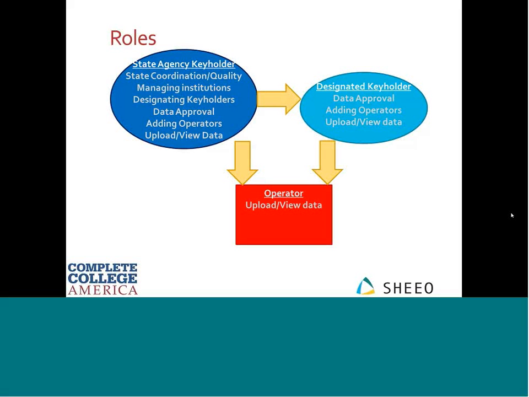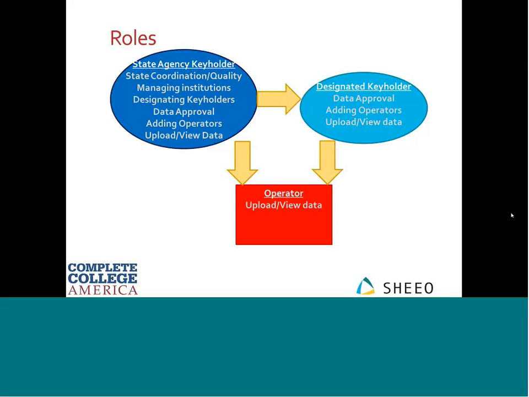So you will be able to designate somebody in your state who can approve the data for your state, who can add new operators, and who can upload and view data just as an operator can. And this designated key holder could have state level ability, or they could just have institutional level access to the data. We give you the ability to make those decisions in the new system.